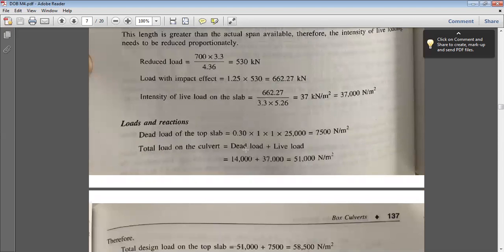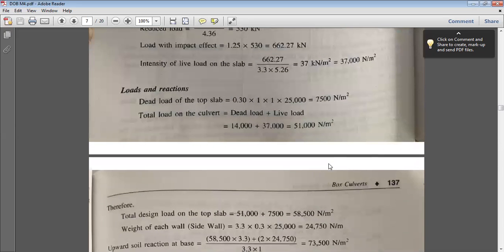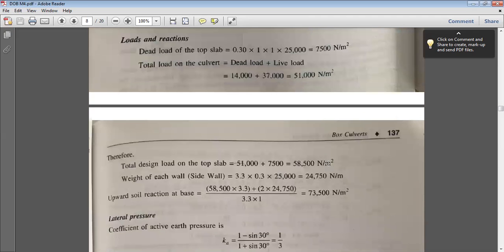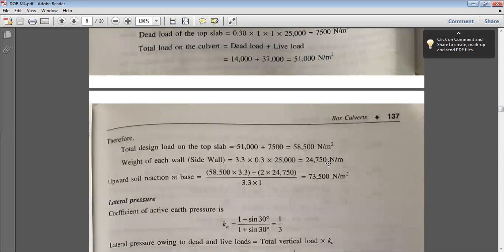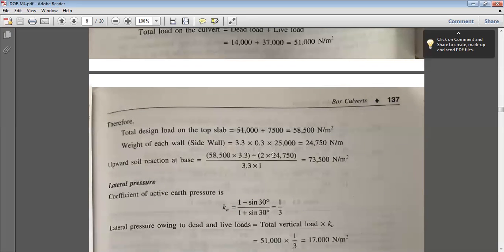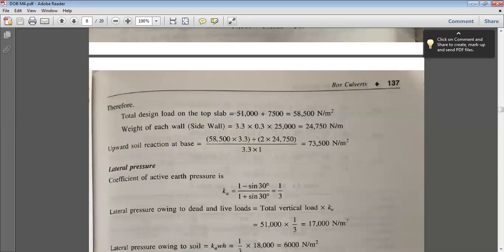So 14,000 plus 37,000 is 51,000 Newton per meter square, dead load plus live load. Now, therefore, the total design load on the top slab is 51,000 plus 7,500, that is 58,500 Newton per meter square.